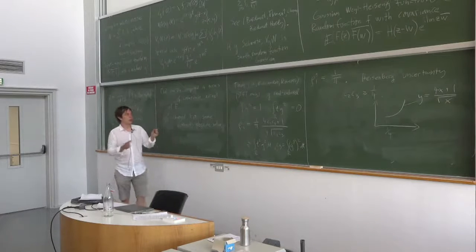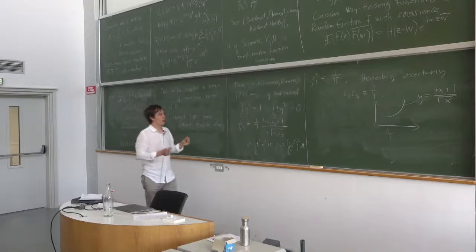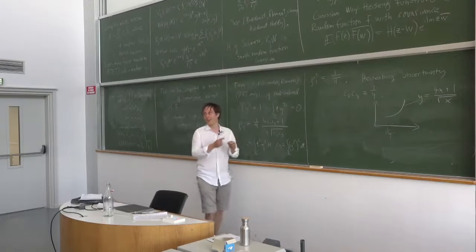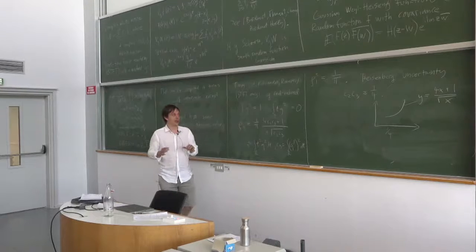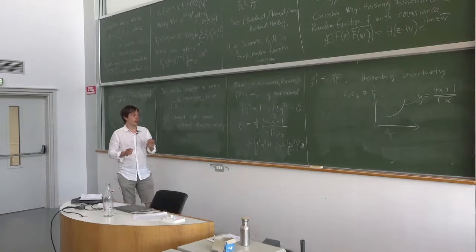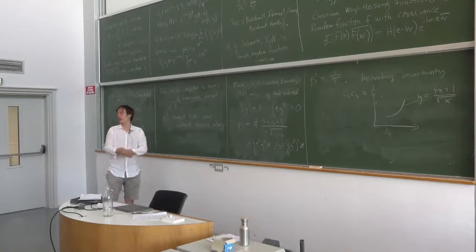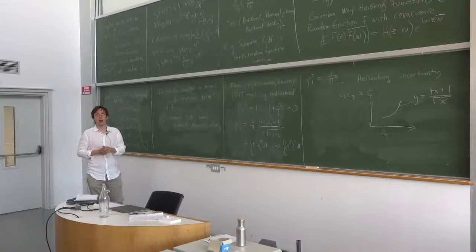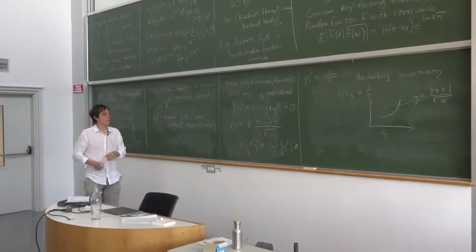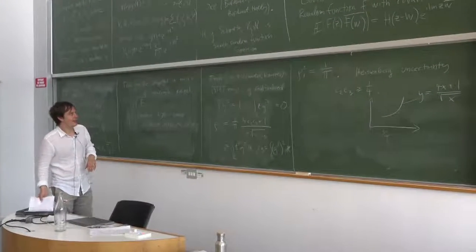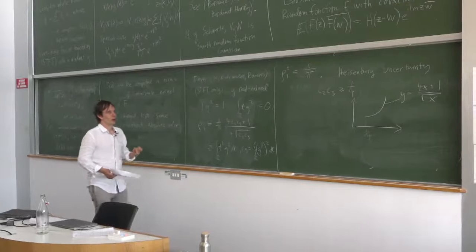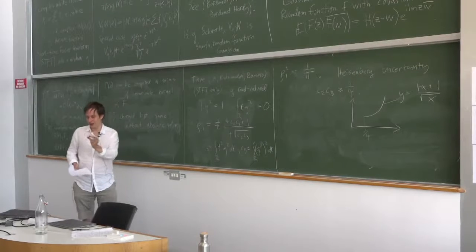So the pluses and minuses always add up to 1 on a set, in expectation, of course, on a set of volume 1. So there is a big cancellation between negative and positive, but it's not total.